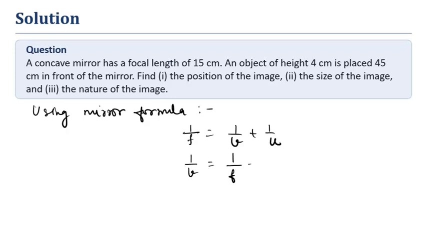So 1 upon v is equal to 1 upon f minus 1 upon u. Now substitute the values here. So 1 upon f, focal length is given as minus 15, minus 1 upon object distance, which is also given, that is minus 45. Now let's take the LCM of 15 and 45.